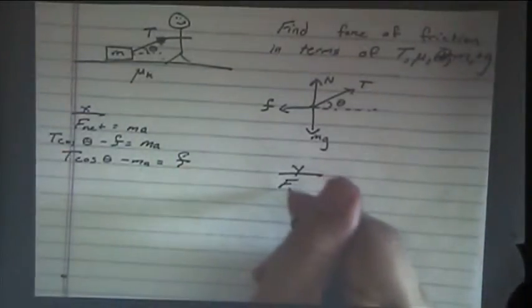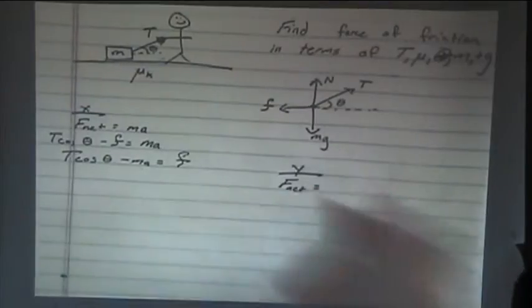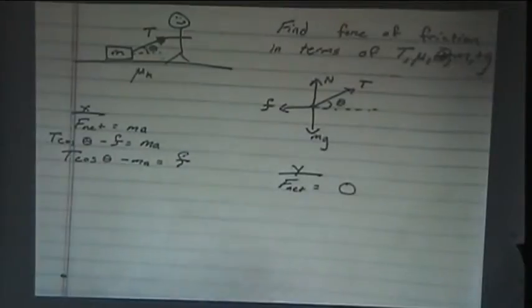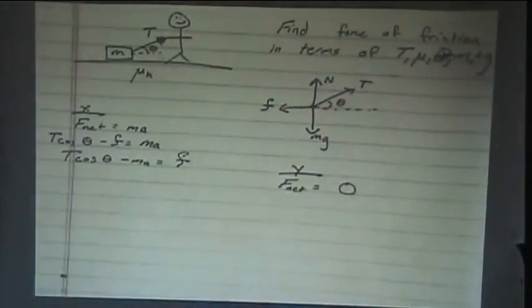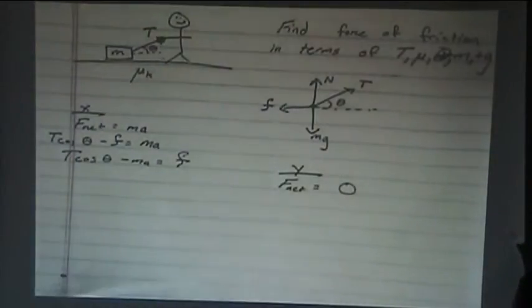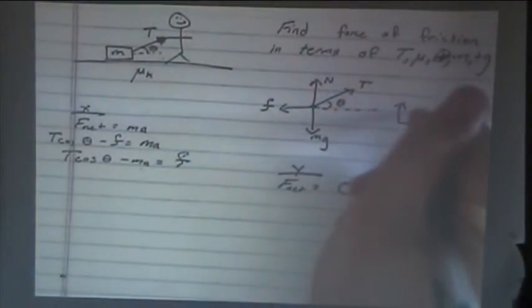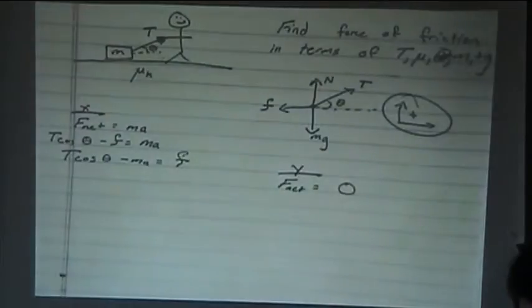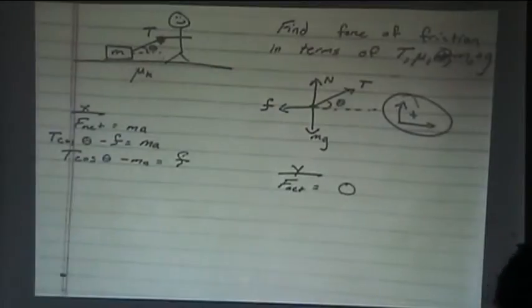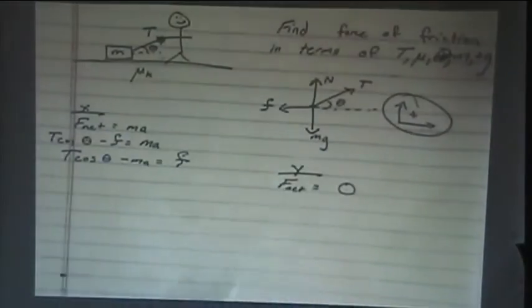We'll say that in the y direction, F net equals 0, because we're not moving up or down. From a vertical standpoint, this box is stationary. All the motion's horizontally speaking. Well, if I look at my vertical forces, and again, I'm working in a standard frame of reference. Upward forces would be normal force.